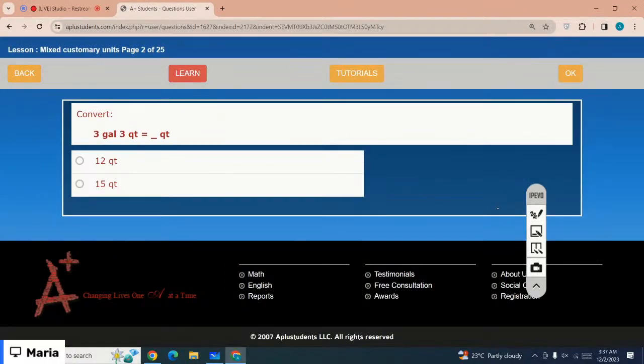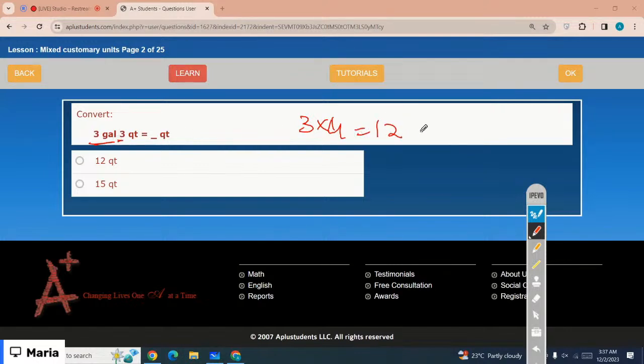So here you have 3 gallons, which means you have to do 3 times 4, which is 12. You already have 3 quarts here. So 12 plus 3 equals 15 quarts. That means 3 gallons and 3 quarts equal 15 quarts. The correct option is 15 quarts, right?